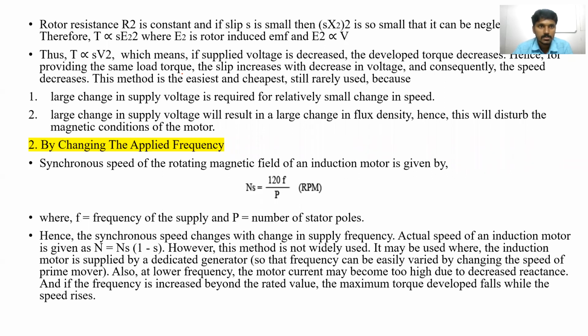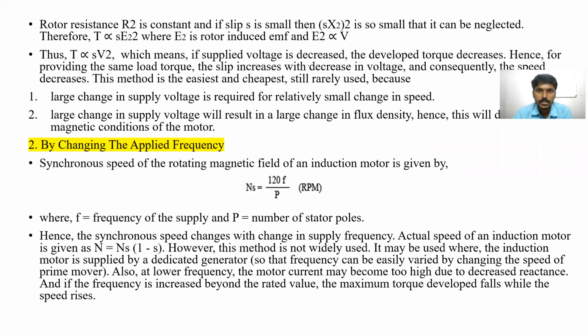If the rotor resistance R2 is constant and the slip is small, then S X2 square is also small and can be neglected.